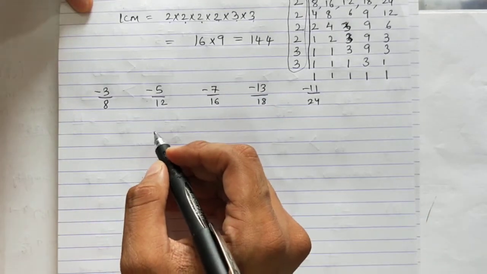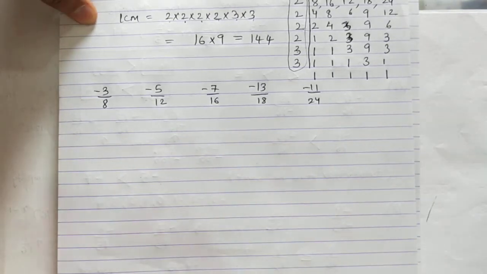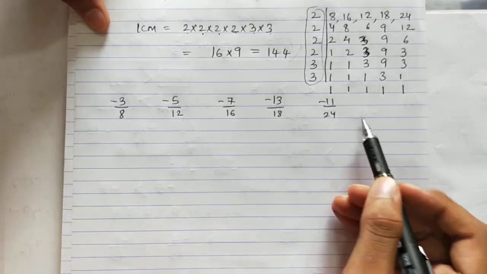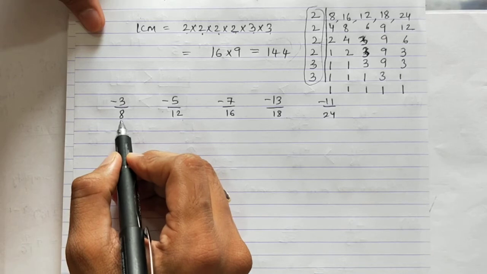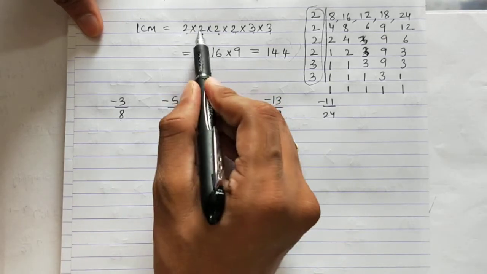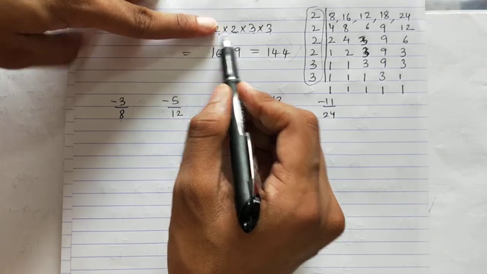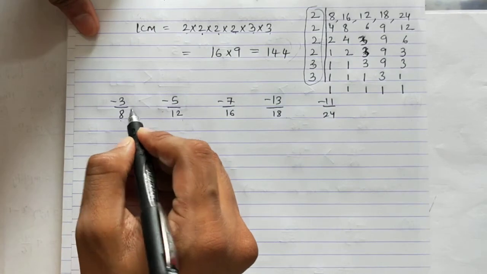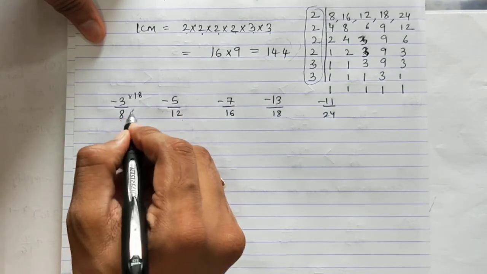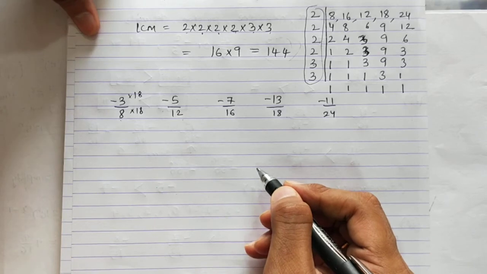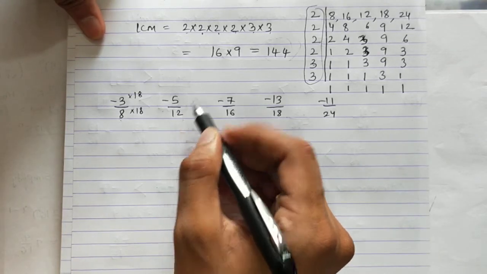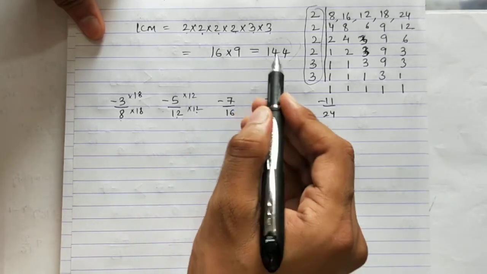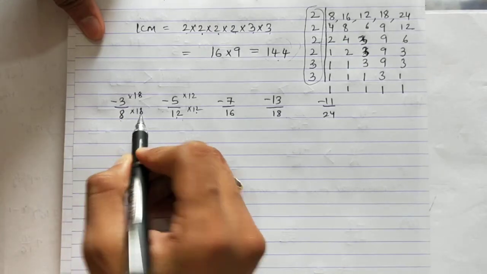To make all denominators 144, for this 8, which means 2 into 2 into 2, I'll multiply 8 with 18, numerator and denominator. I'll multiply 12 with 12, numerator and denominator, because 12 into 12 is 144. In the denominator, 8 into 18 is 144.